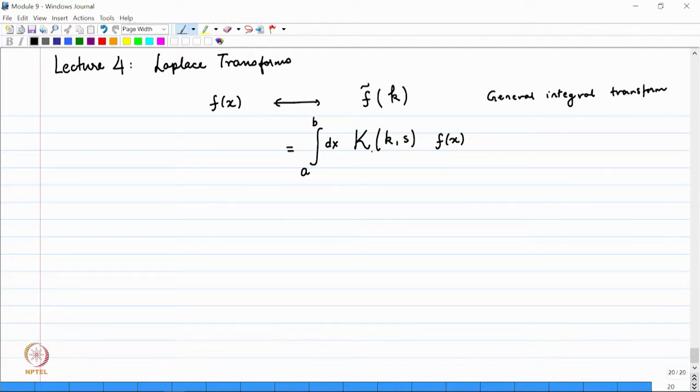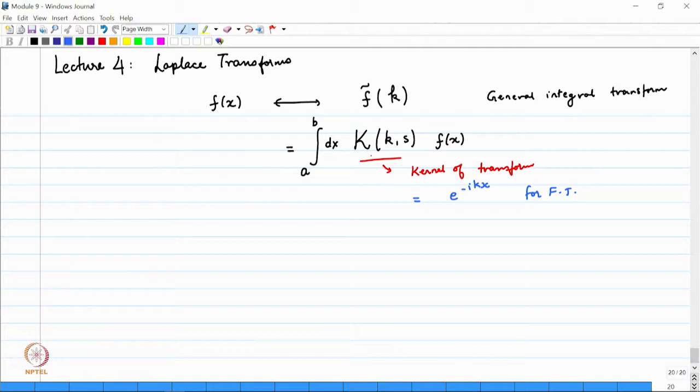This is the kernel of the transform. For Fourier transforms, this is equal to e to the minus i k x. And of course, a and b are the limits; for Fourier transforms, they are minus infinity to plus infinity. So this is the general property.